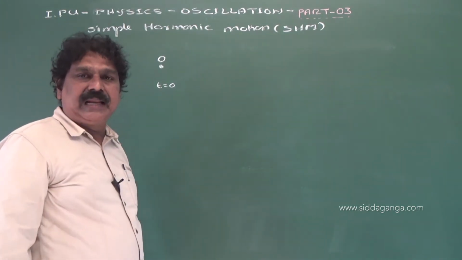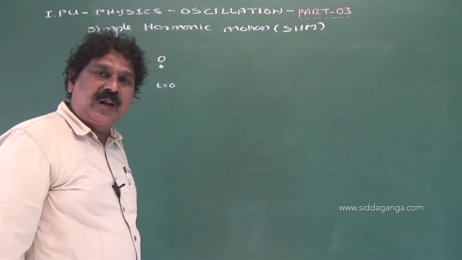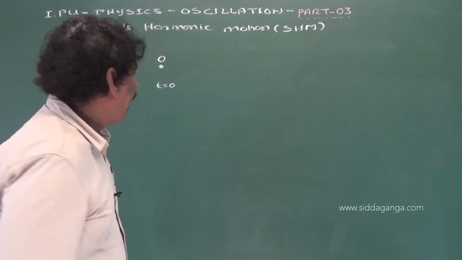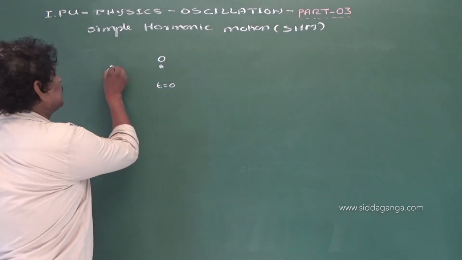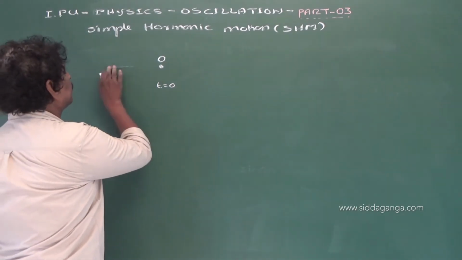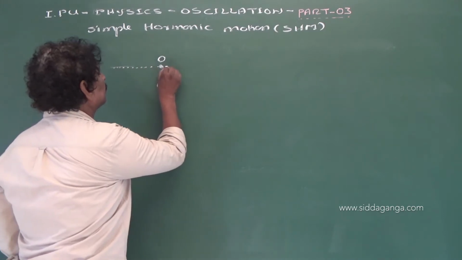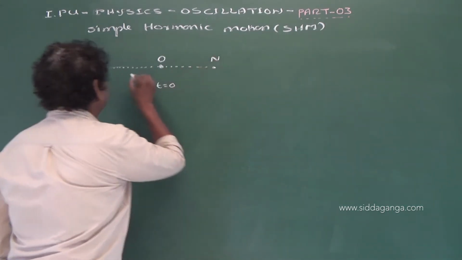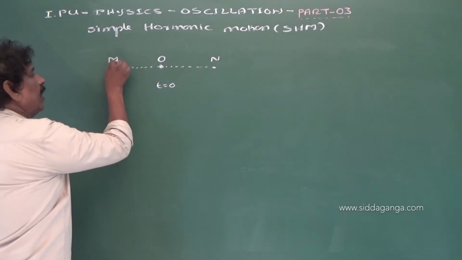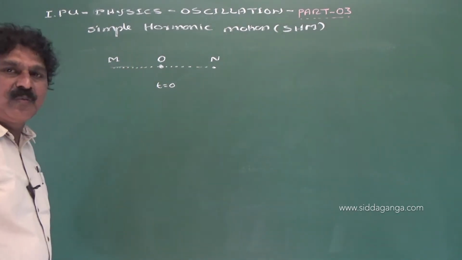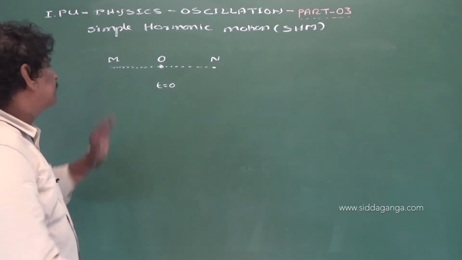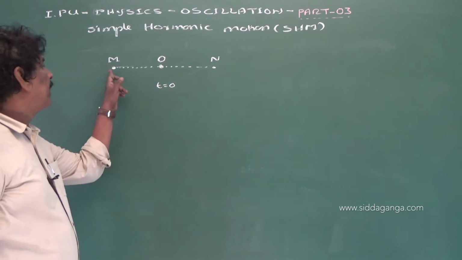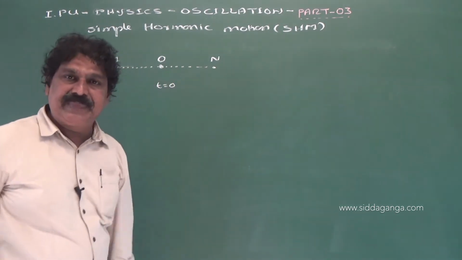Now, let the particle be allowed to execute to and fro motion about the mean position, such that the particle executes to and fro motion or oscillates between two extreme points M and N.